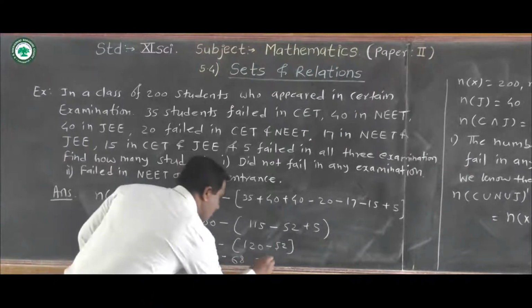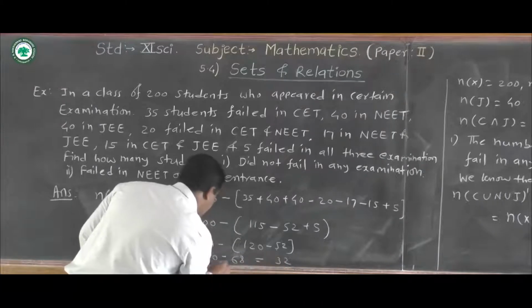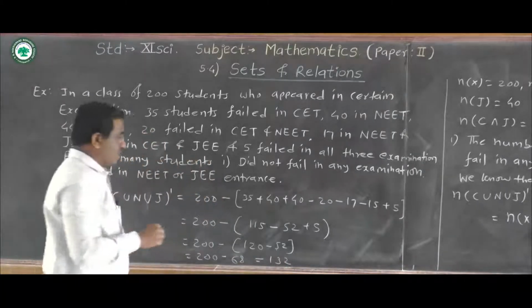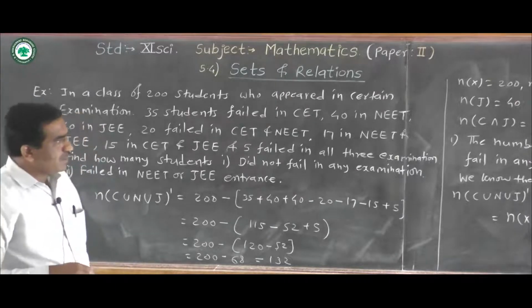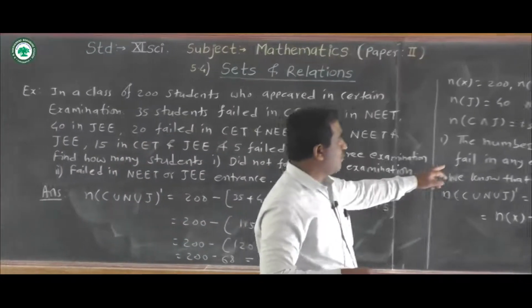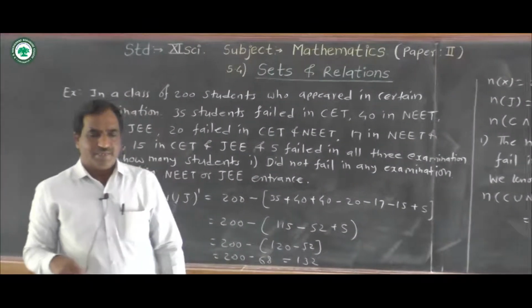Subtracting, 200 minus 68 is 132. So the number of students who did not fail in any examination is equal to 132.